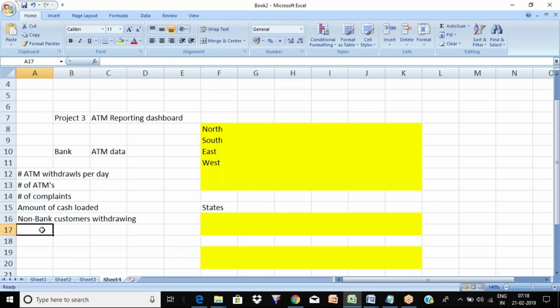Any other thing you think is important? Think you are the management, you are the executive in charge of the ATM span, and you want to do some kind of analysis. So it could be the number of security guards also, that could be one, right?